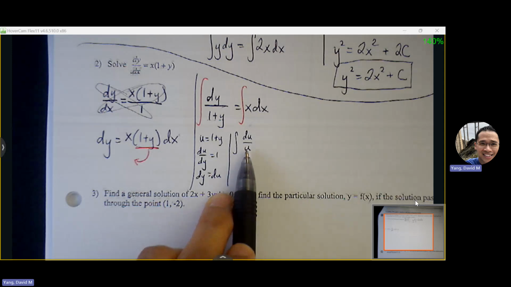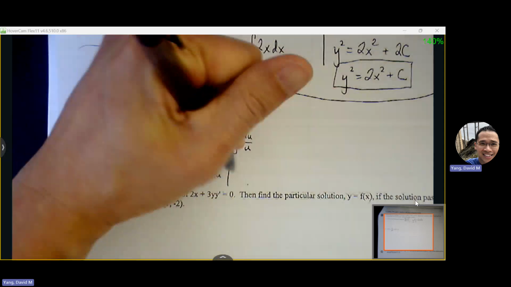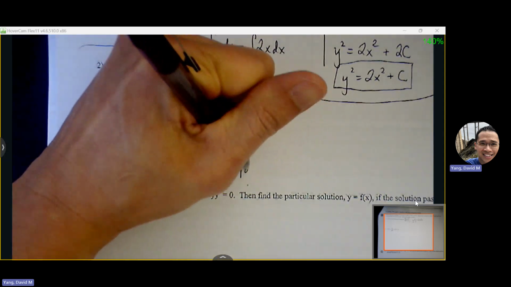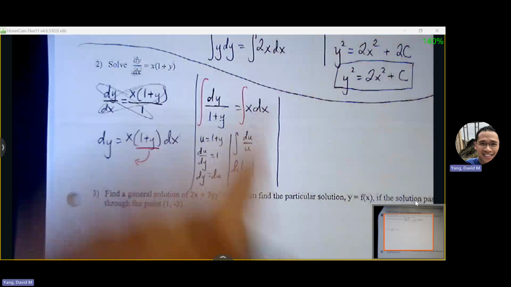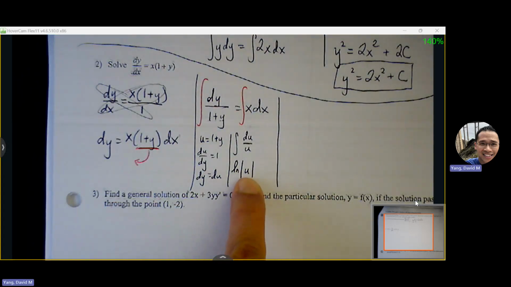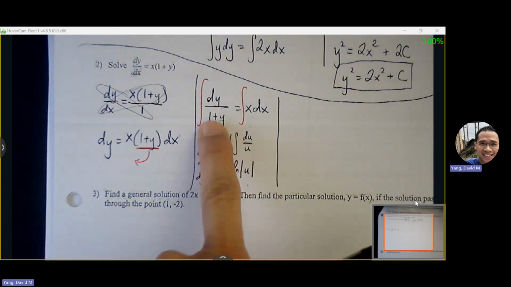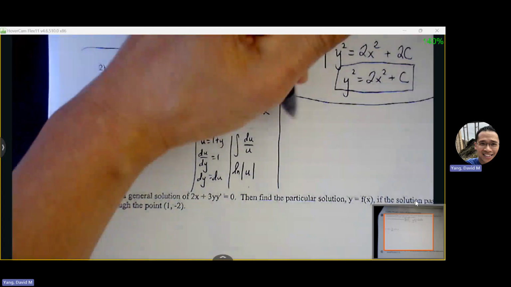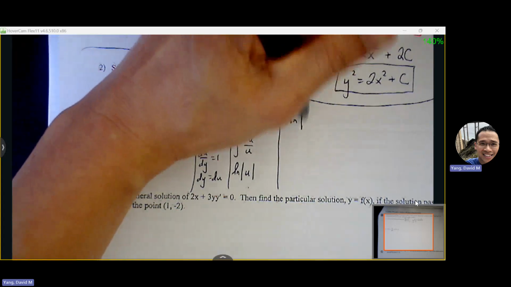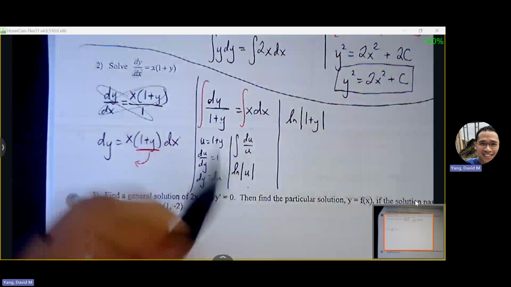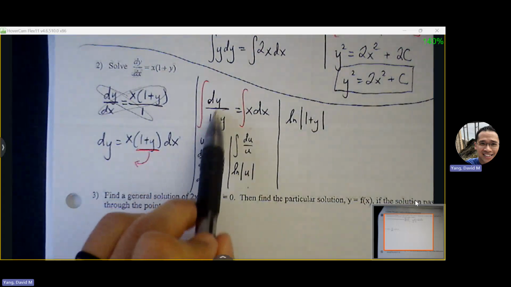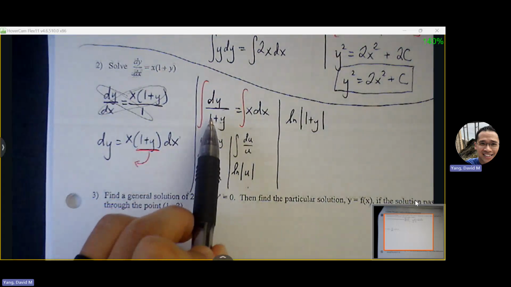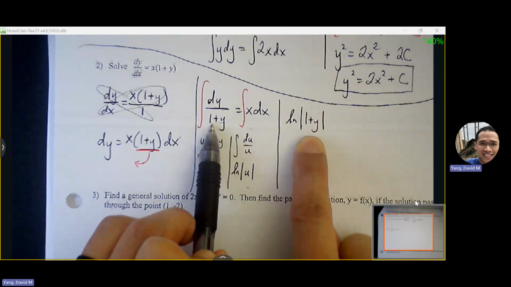This is really 1 over u du, which is natural log. So I can turn this back to natural log, and then I can bring my 1 + y back into my antiderivative. So the result of that left side ends up being just natural log abs value of 1 + y. If you recognize the fact that it's just a little u substitution with 1 over u, you can jump from here to here if you feel comfortable with that.